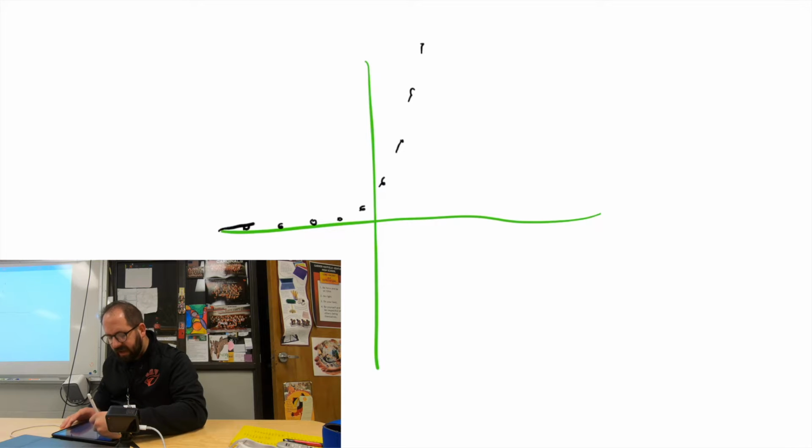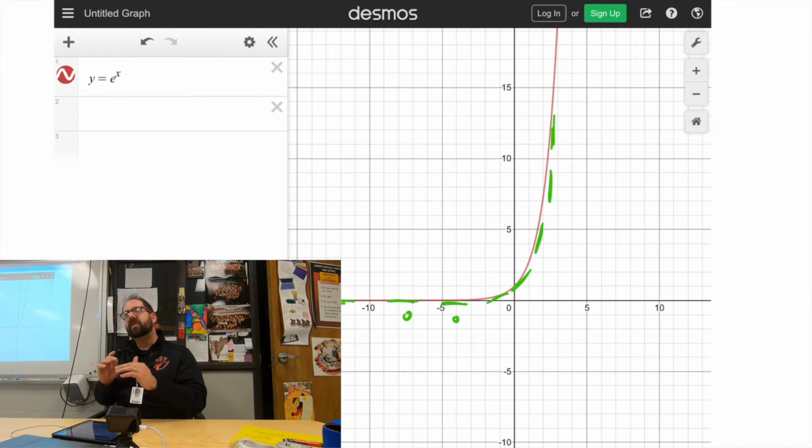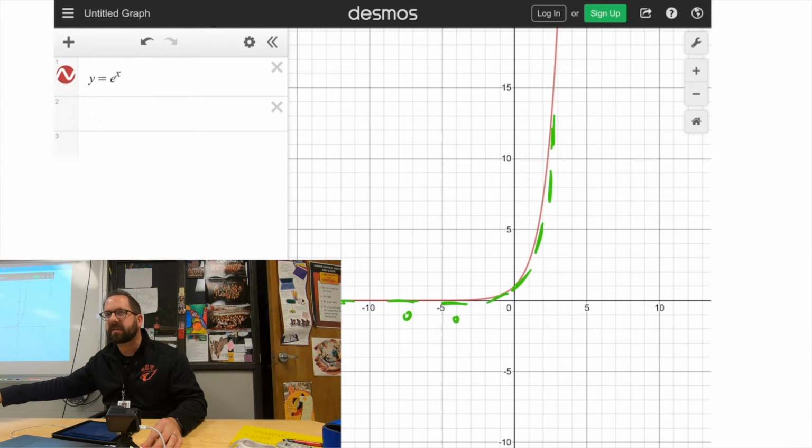When you draw the first derivative graph, it's the same as the last graph, which is e to the x. It's really weird when you start to see it, and that explains why the derivative of e to the x turns out to be e to the x.